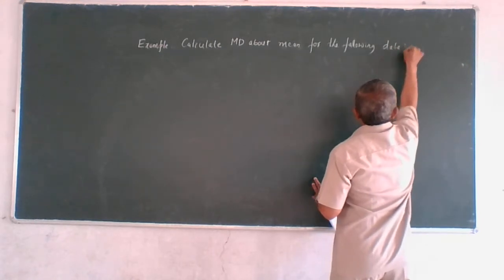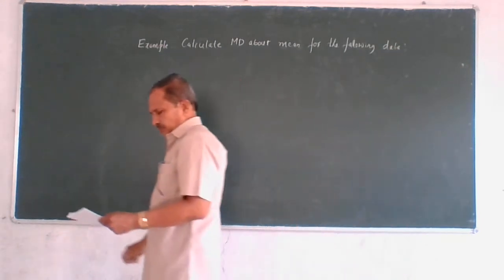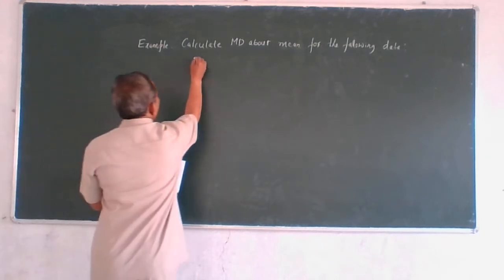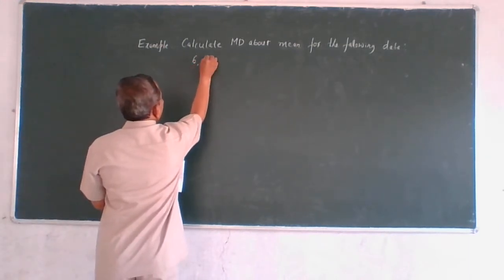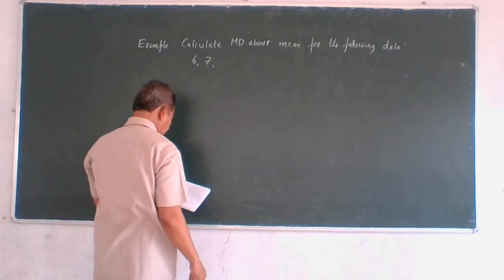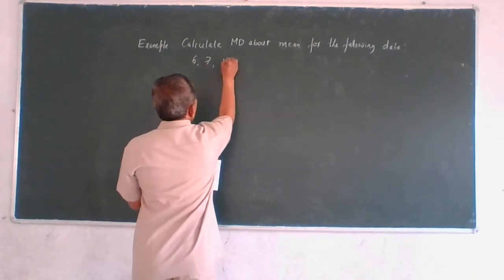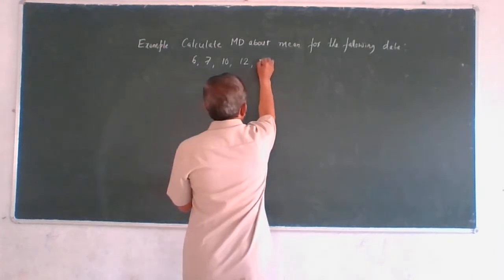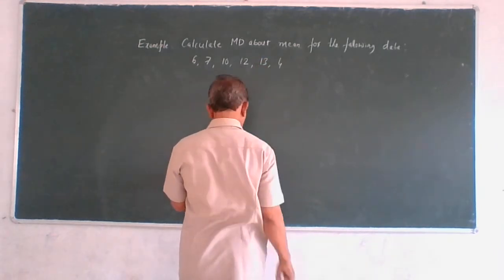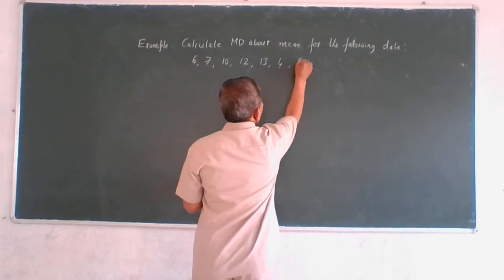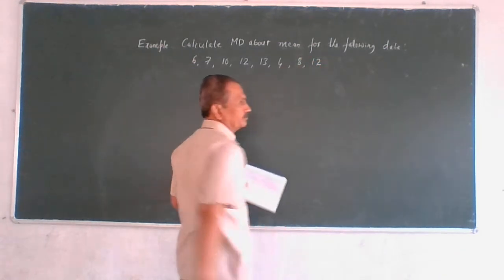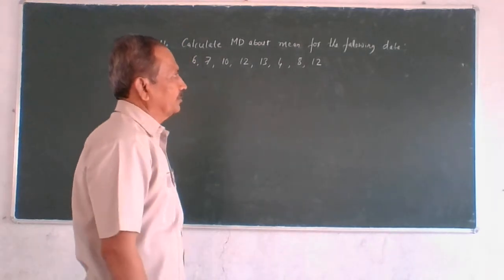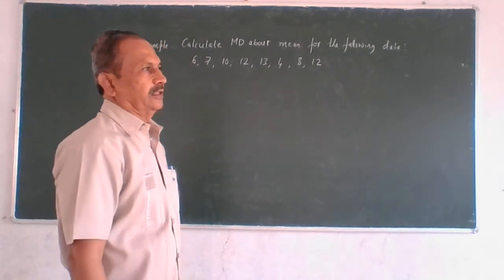The data, or the observations, are 6, 7, 10, 12, 13, 4, 8, 12. So calculate mean deviation about mean for this data.